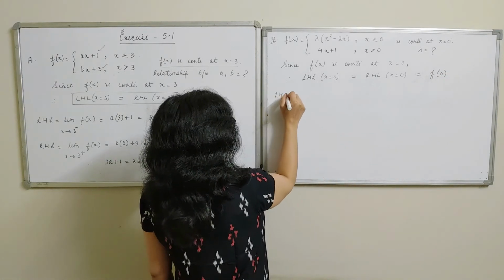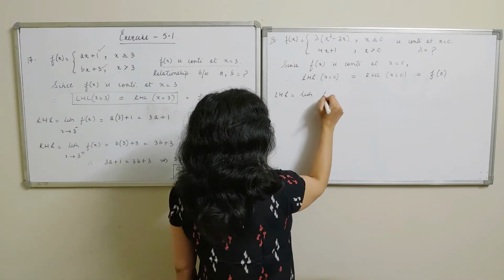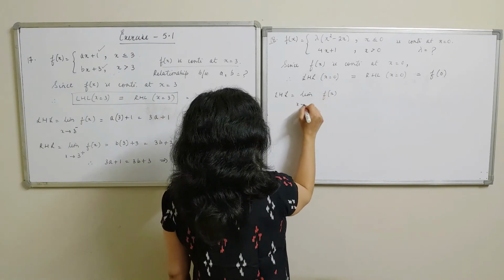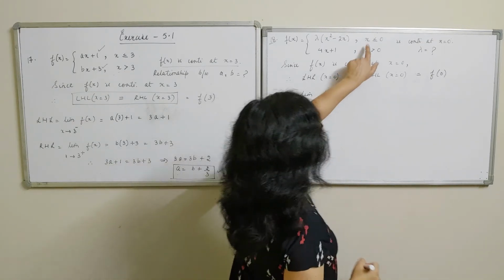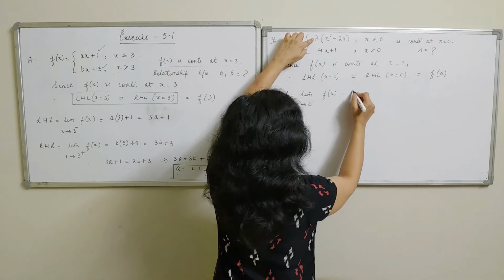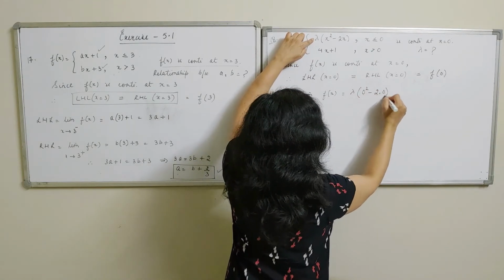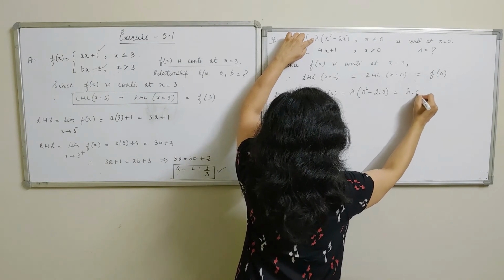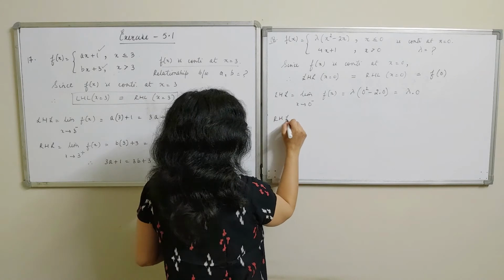So let's start here with left hand limit. Left hand limit, limit of f(x) when x tends to 0 minus. So here you can see less than 0, our function is this, lambda times (x square minus 2x), with x as 0. So this I'll write down as lambda into 0.